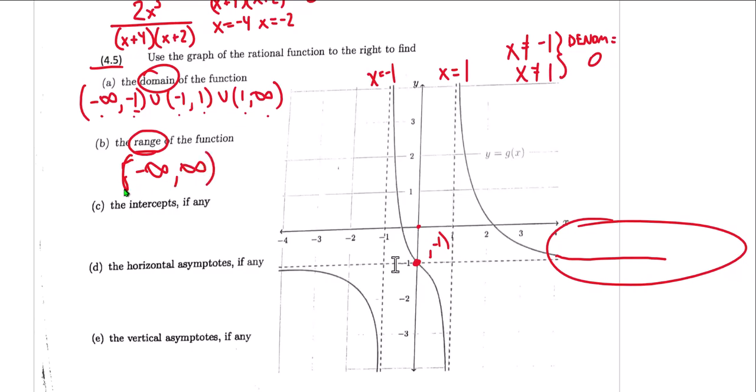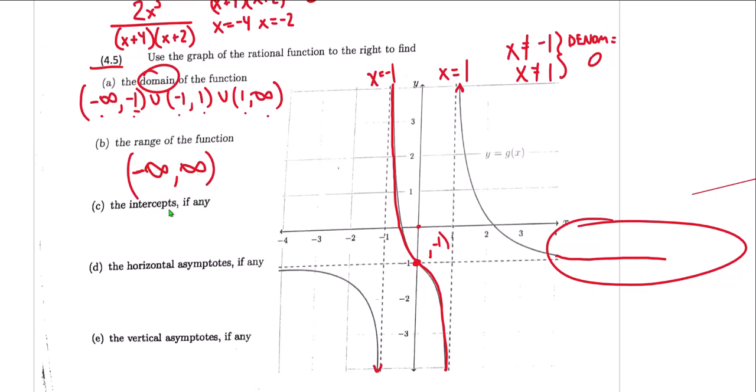All y values are accounted for on this graph. We're going down to infinity here, we're going up to infinity here, and all the points in between cover all the y values in between. In fact, this leg in the middle almost looks like a cubic function flipped here. This leg in the middle covers all the y values. So the range is negative infinity to infinity.